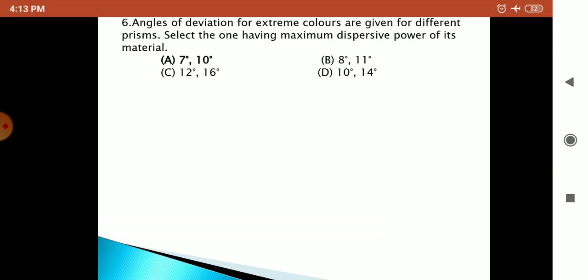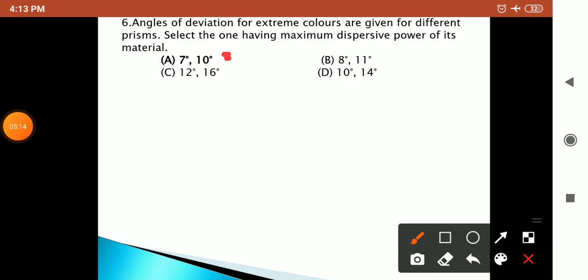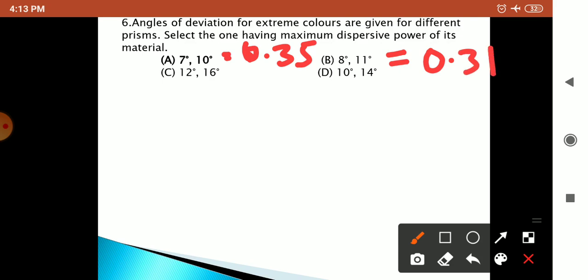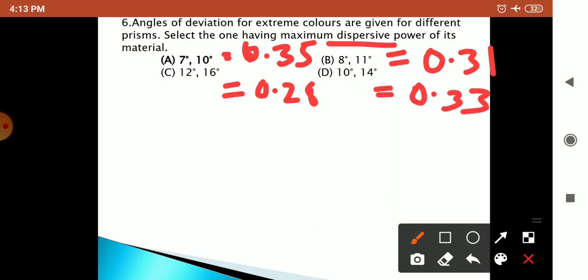So we get the first value as 0.35. Then by putting another value we get 0.31. Then for the third one it is 0.28, and for the fourth one it is 0.33. So maximum dispersive power we get at 7 degree and 10 degree.